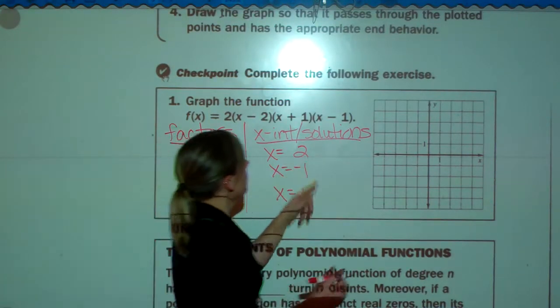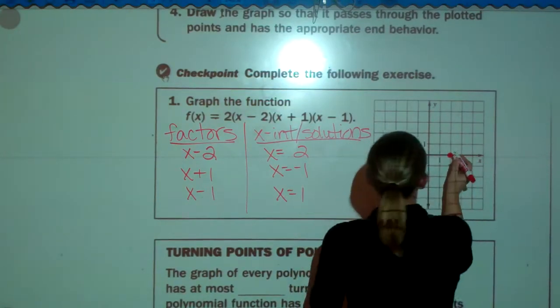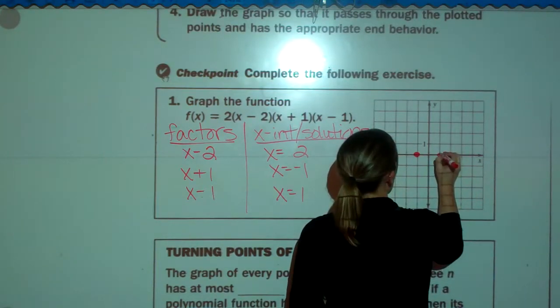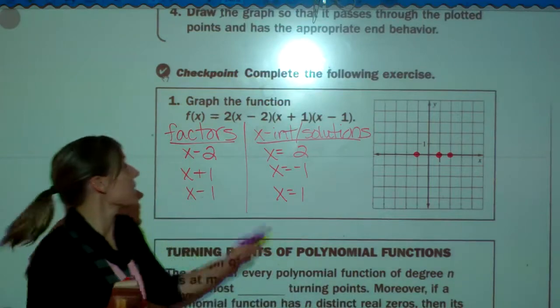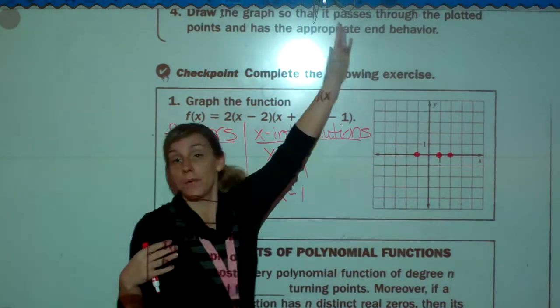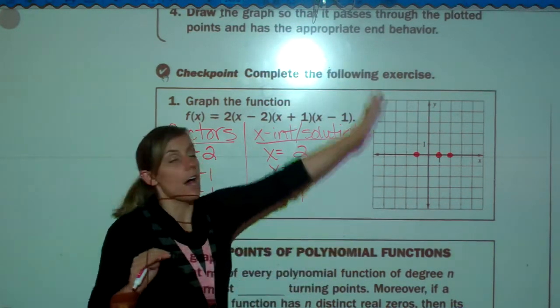All right, so +2, -1, and +1. Okay, again, this is a positive number. This number at the very, very front, since it's positive, that means it goes up. Okay, that's our pattern with some of these rules. It goes up at the end.